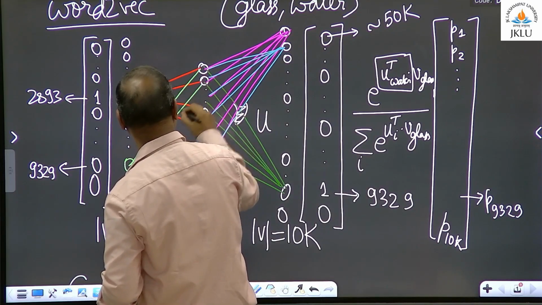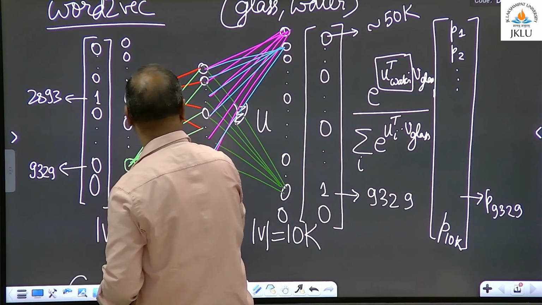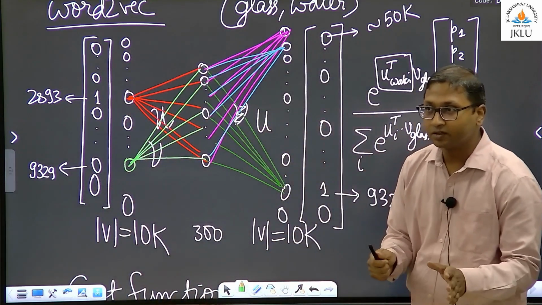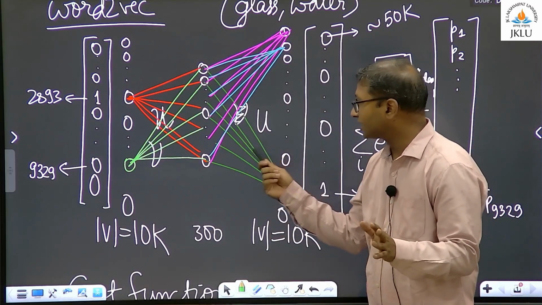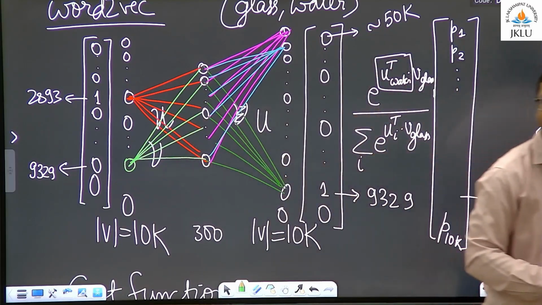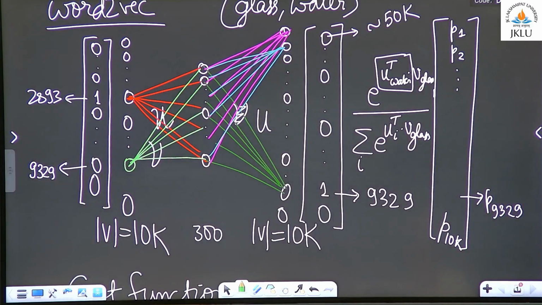Water is this. Now which embeddings are for water? Dark green or light green? Will they be different numbers in general? Which one?